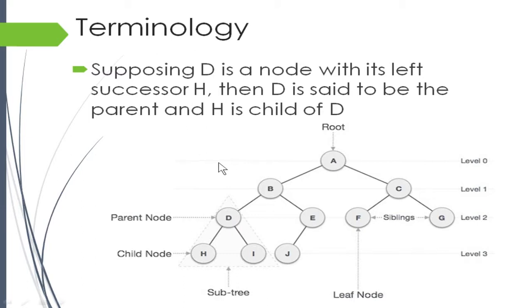First terminology: suppose D is a node with its left successor H. Then D is said to be the parent, and H is the child of D. So this is the parent node, this is the child node.